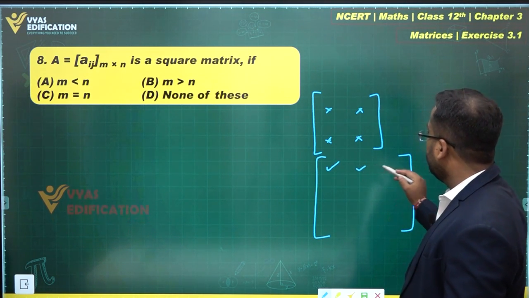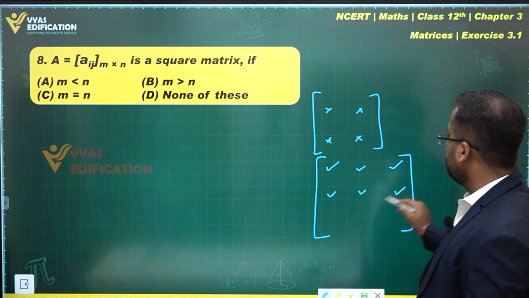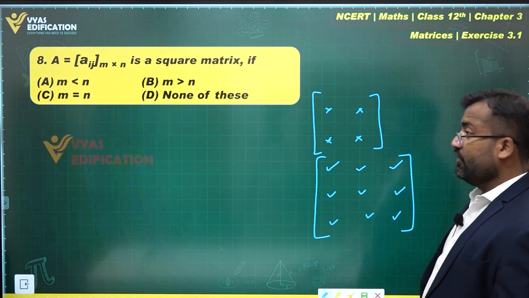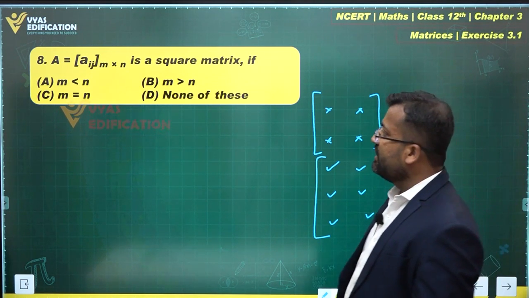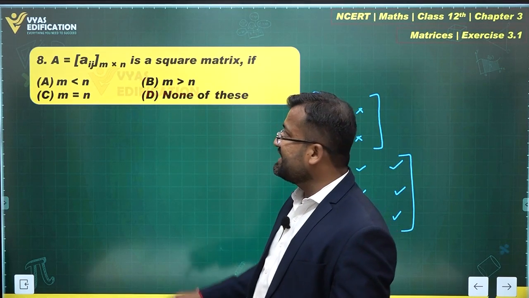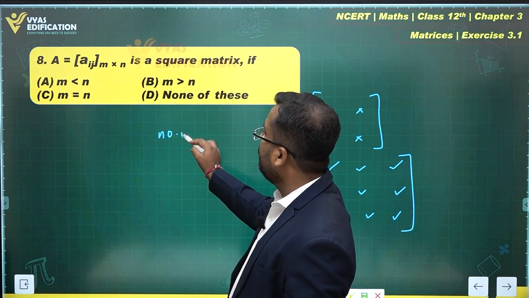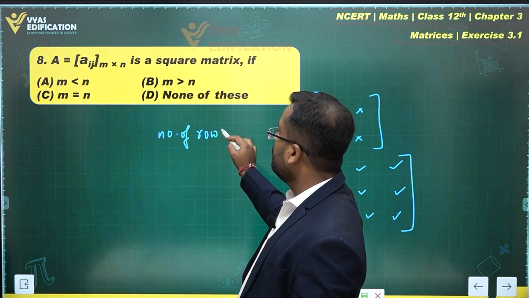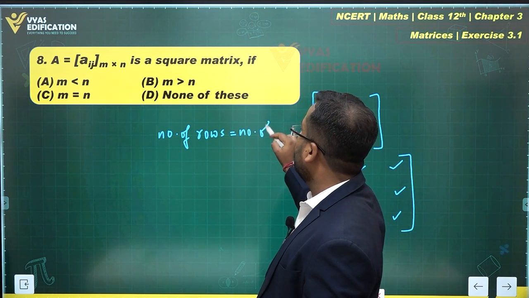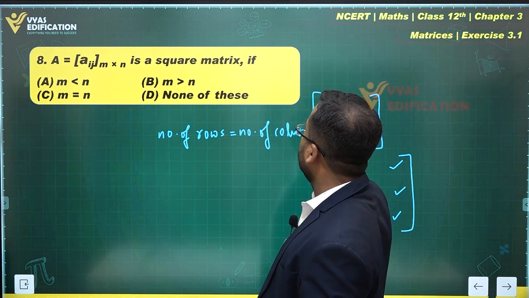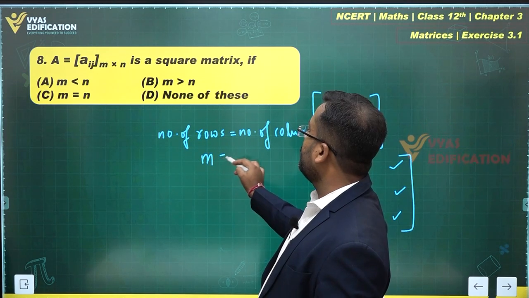We could have had 3 columns and correspondingly 3 rows. The important thing for a square matrix is that the number of rows must be equal to the number of columns. That is, m should be equal to n.